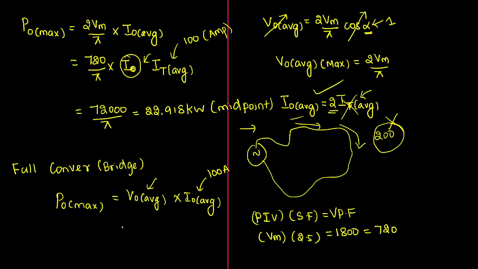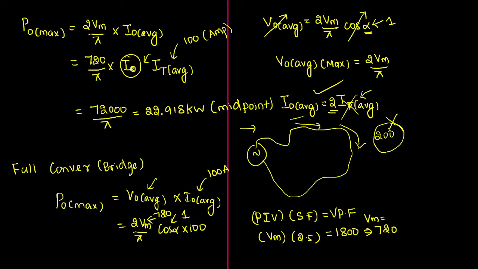Yes, sir. So 720 means Vm equals 720. Remember here, the V naught average formula is 2 Vm by pi into cos alpha, the same for both, into 100. As usual, we maximize cos alpha, which equals 1, and Vm equals 720. So 720 into 2 will automatically become 1440.